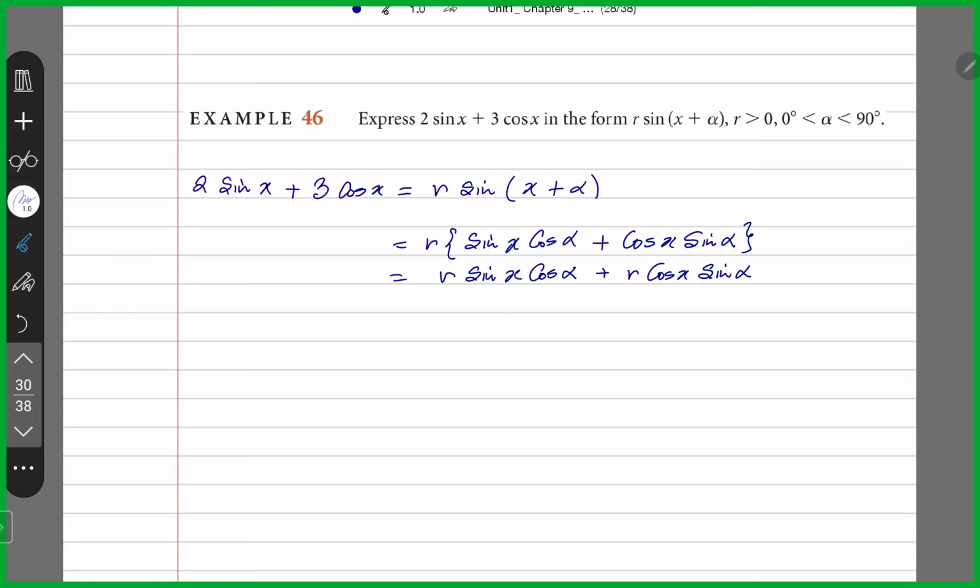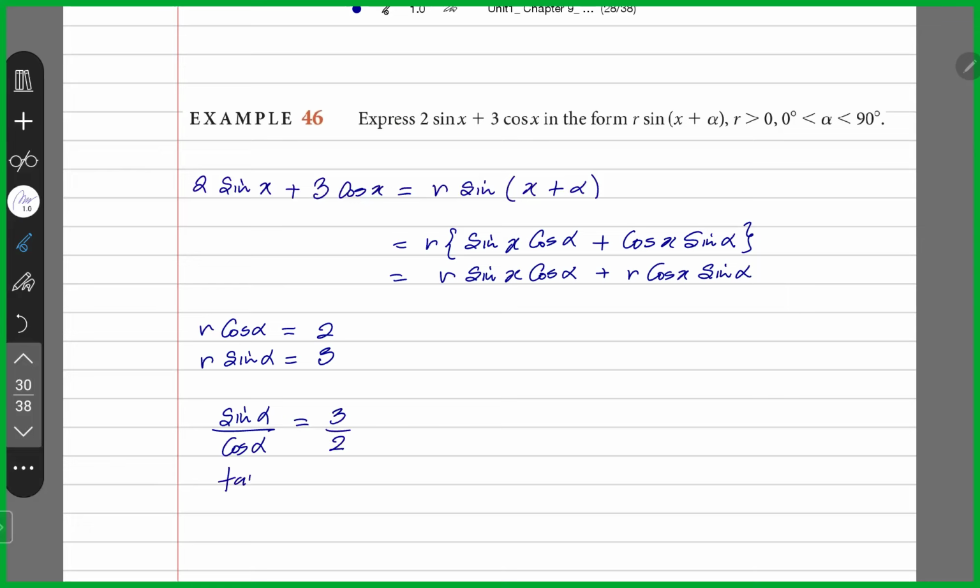Equating coefficients. We have R cos alpha, which is the sine x coefficient on the right, is equal to 2, which is the sine x coefficient on the left. And we have R sine alpha, which is the cos x coefficient on the right, is equal to 3, which is the cos x coefficient on the left. Dividing R sine alpha by R cos alpha, we're going to get tan alpha is equal to 3 over 2.